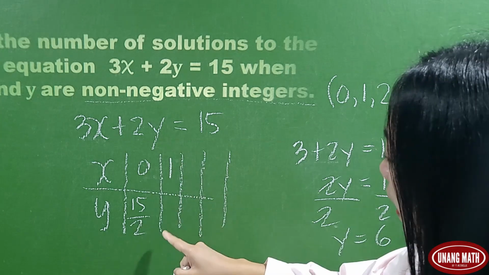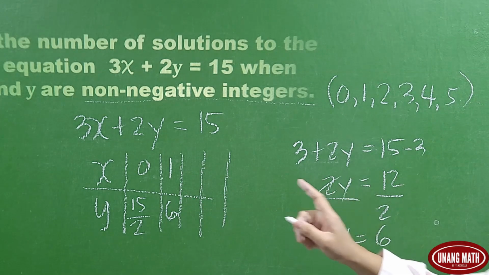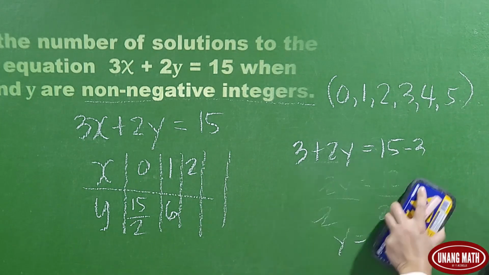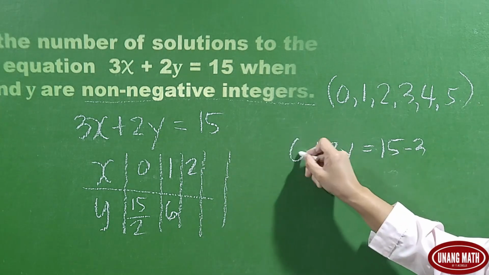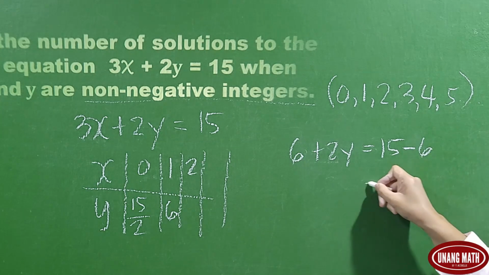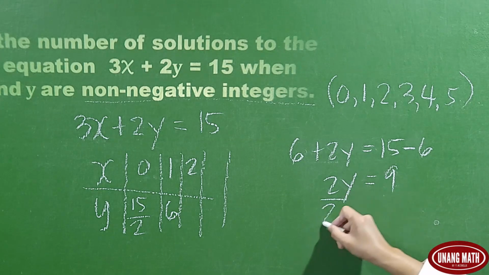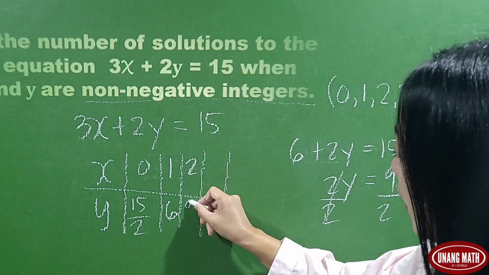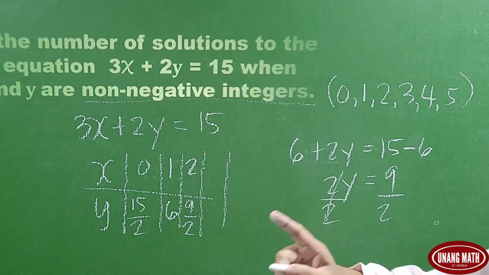So if x is 1, y is 6. How about if x is 2? 3 times 2 is 6, and 15 minus 6 is equal to 9. To find y, divide both sides by 2, so y is equal to 9 over 2. 9 over 2 is not an integer.